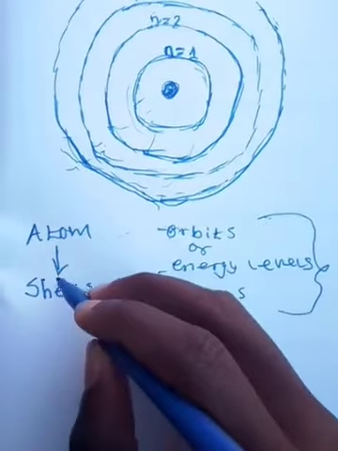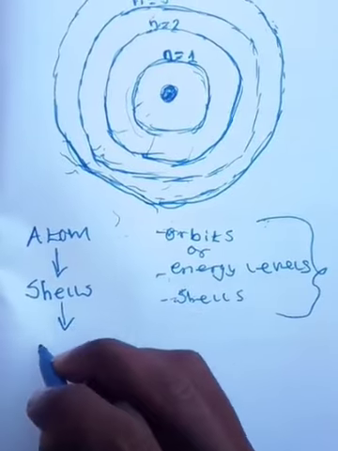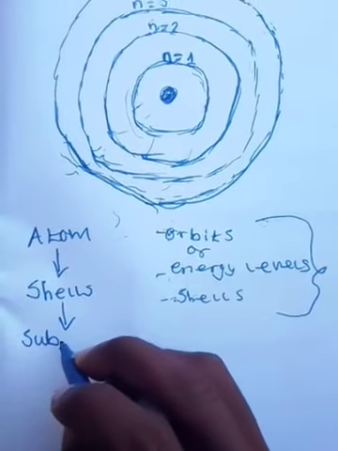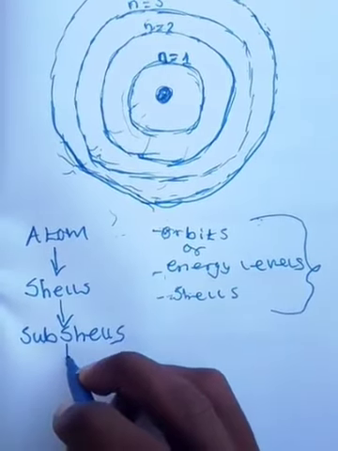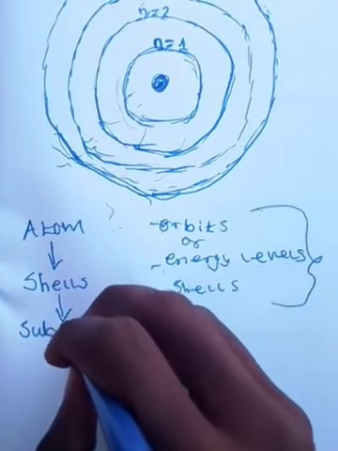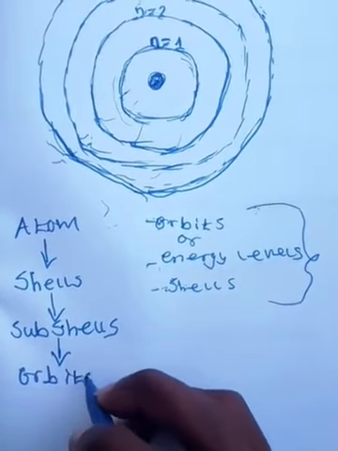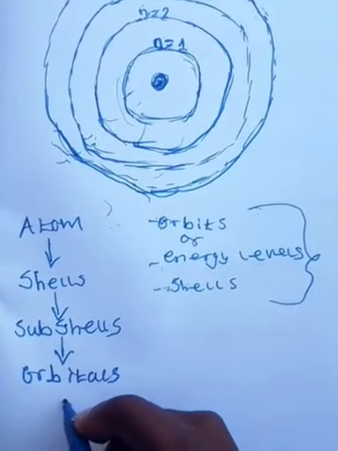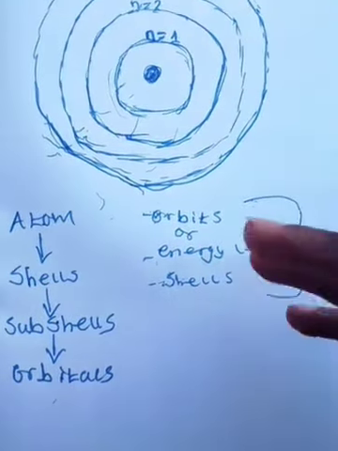And then in these shells, they are what are called the subshells. And then inside these subshells, we have what we call the orbitals.